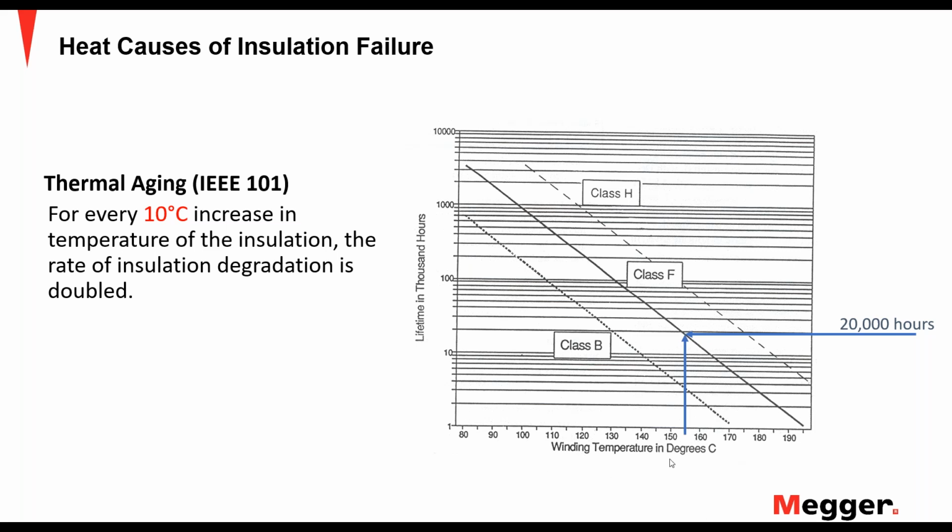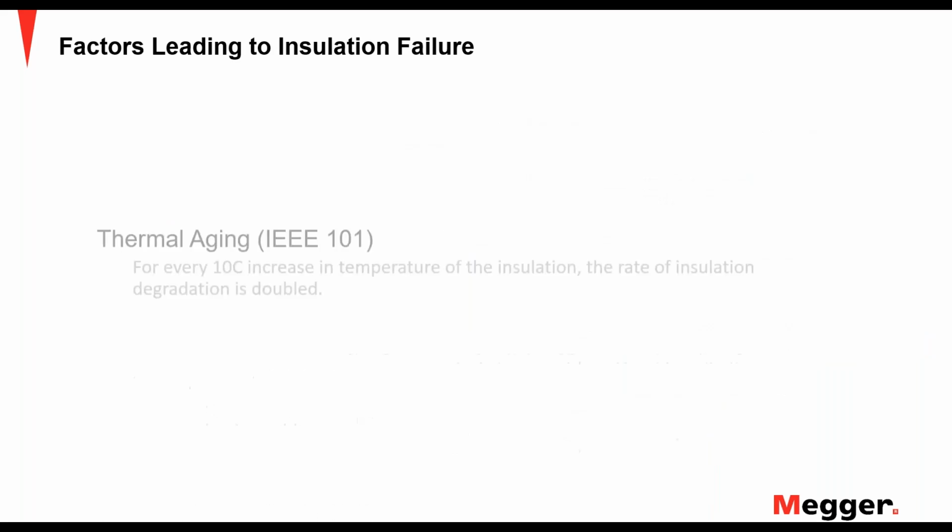So if we had an insulation class F, which is rated at 155 degrees C, even at full load at 155 degrees C, it would be expected to last 20,000 hours. But if we increase that temperature just by 10 degrees, we're now at half the life of that motor. Heat causes insulation to degrade over time, and there are a lot of things that cause heat in the motor.